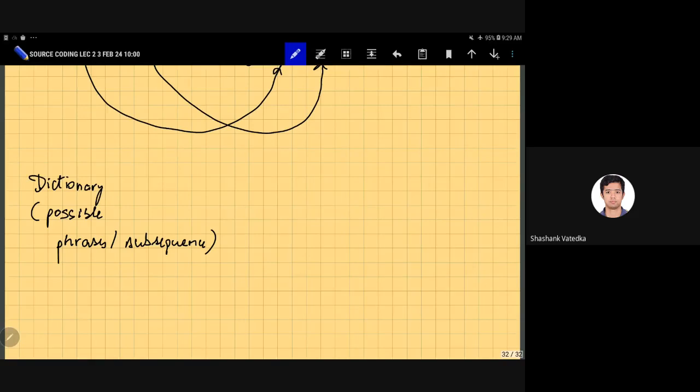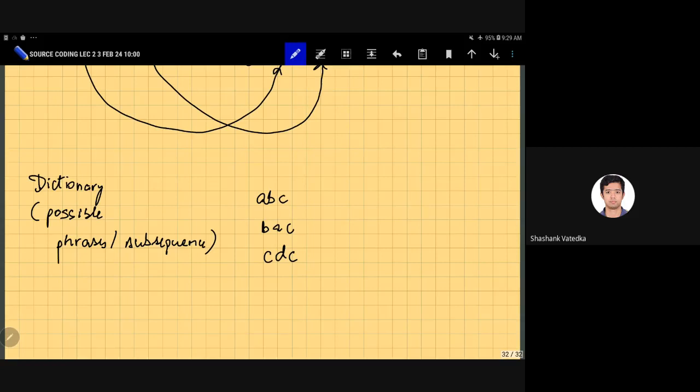In this particular example, maybe the possible phrases that I observe are ABC, BAC, and CDC. I have a sequence where only these three phrases are observed. ABC occurs most often, BAC occurs less frequently than ABC, and CDC occurs less frequently than BAC.